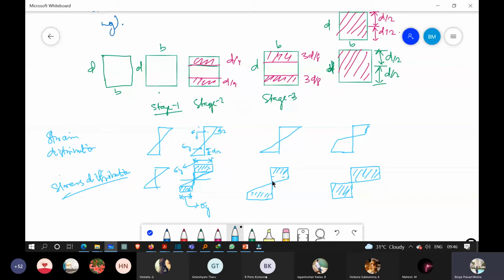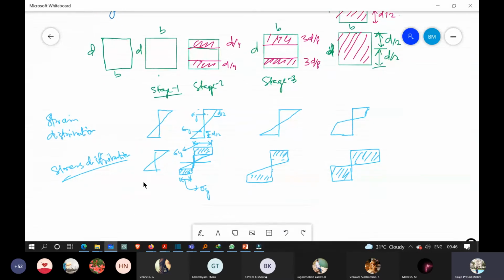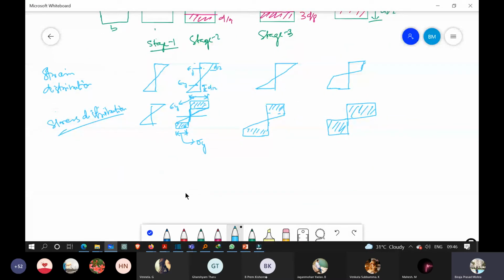Okay, now next thing is the curvature relation. So here we may write the curvature at any stage.